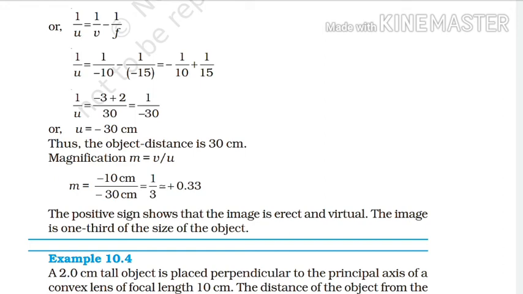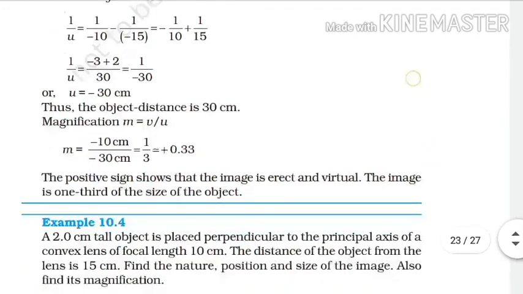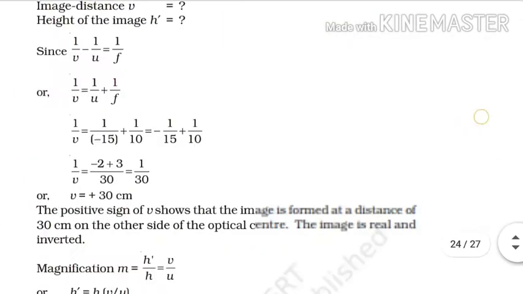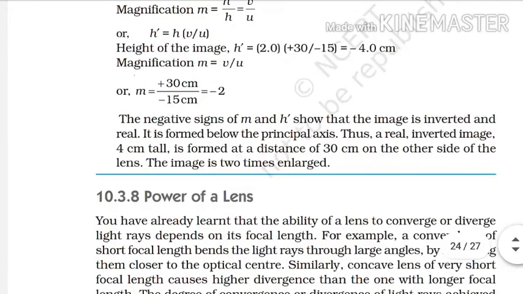And m equal to 1 by 3 indicates that the size of the object is 3 times larger than that of the image. It means the image is 1/3 of the object. Now you can solve similarly the examples 10.4, 10.5 and so on.